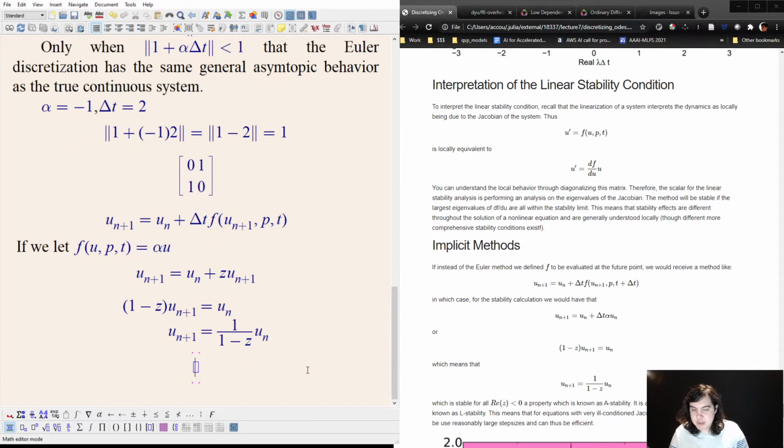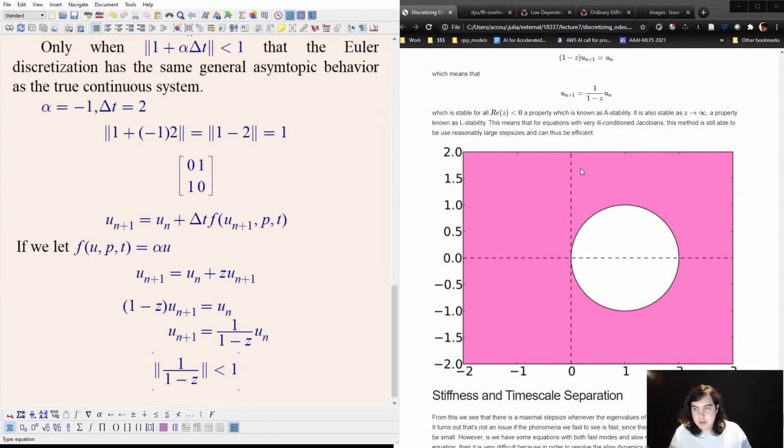So what we need is that the norm of 1/(1 - z) is less than 1. Well, what is this? This is the opposite of the shifted unit circle in the other direction, which means for any of these values of delta t, you have something that will be going to 0.